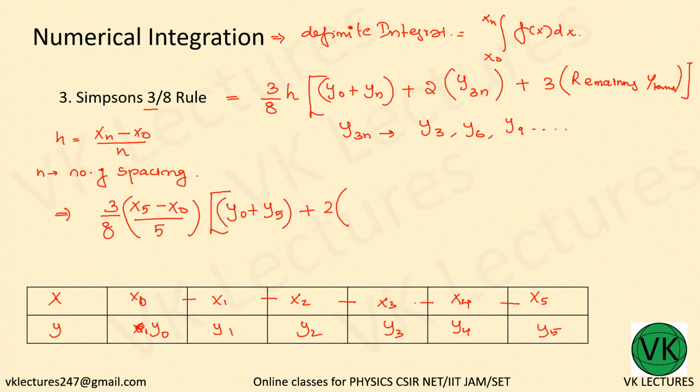Now for 3n, one is y3, y6 is not available, so it will be y3 only, plus 3 times the remaining terms. What are the remaining? y1, y2 and y4. So y1 plus y2 plus y4.